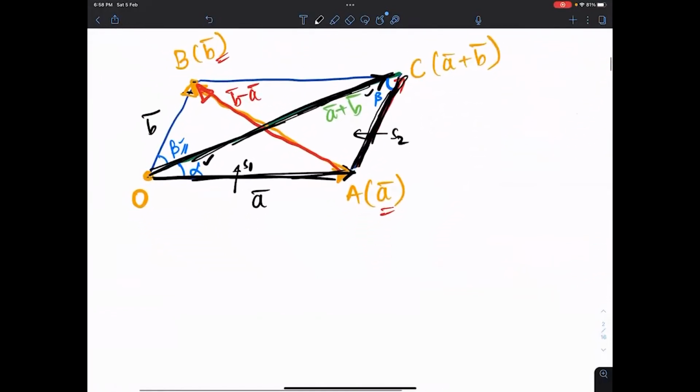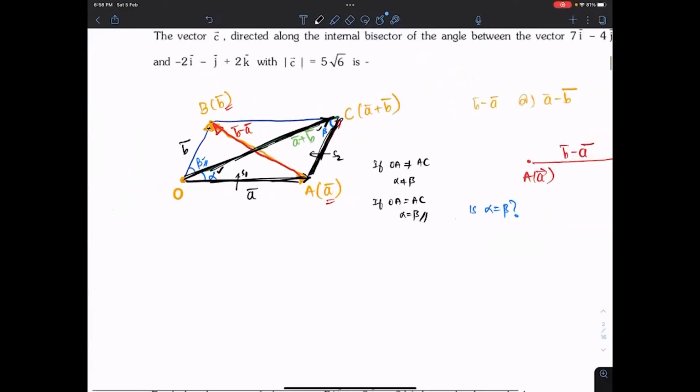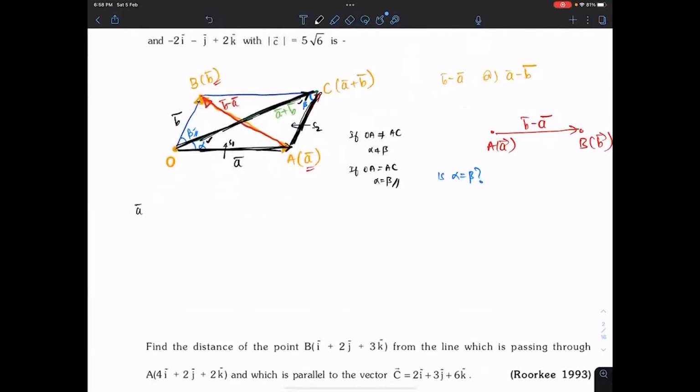Okay. So in a parallelogram, adjacent sides need not be equal. No? So if OA is not equals to AC, adjacent sides, then alpha will not be equals to beta. So if OA is equals to AC, then alpha will be equals to beta. Okay. Now, if I ask you a question now, does A bar plus B bar bisect the angle between A bar and B bar?